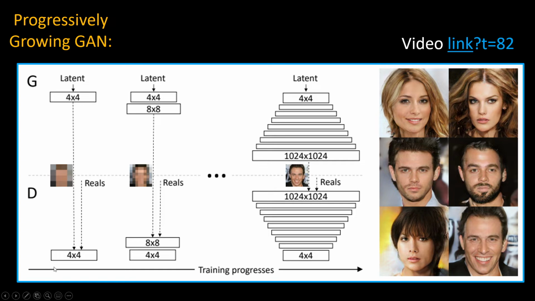They start with 4x4 and grow this resolution by one multiple of 2 after another. So eventually they will get to a very high resolution, but over the training they will start with something relatively low res. If you look at this at a particular point, we also saw this previously.